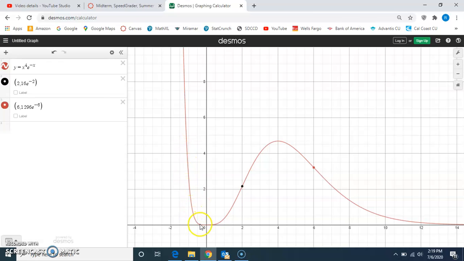Okay, so it flattens out, then it goes curving up again, and from 0 to 2, it's concave up again, still curving upwards. But then at 2, it hits that inflection point, and at that moment starts to bend back the other direction as concave down.